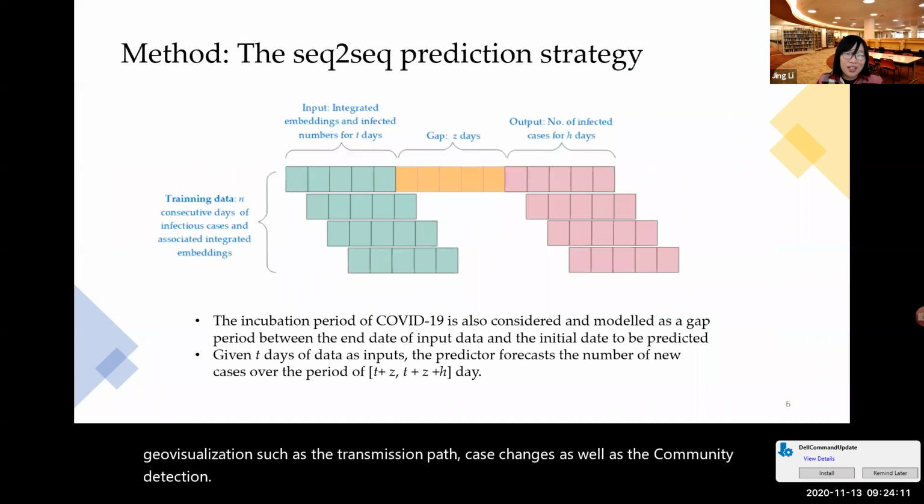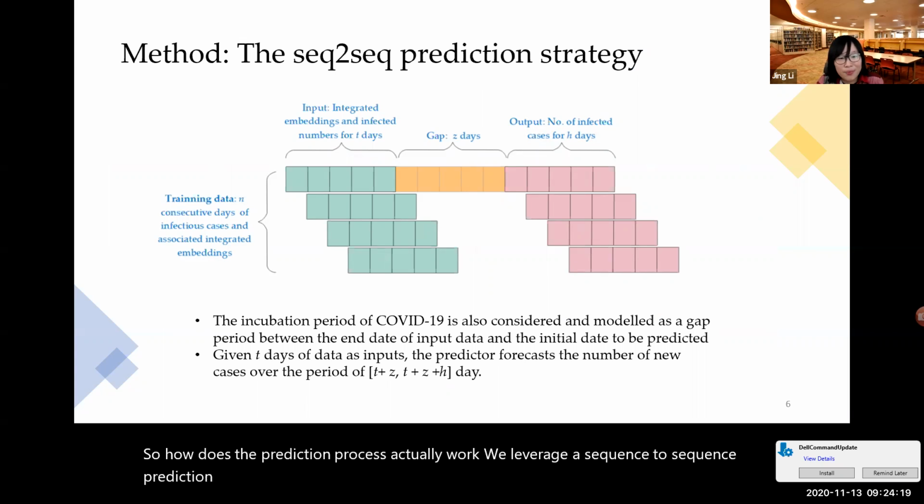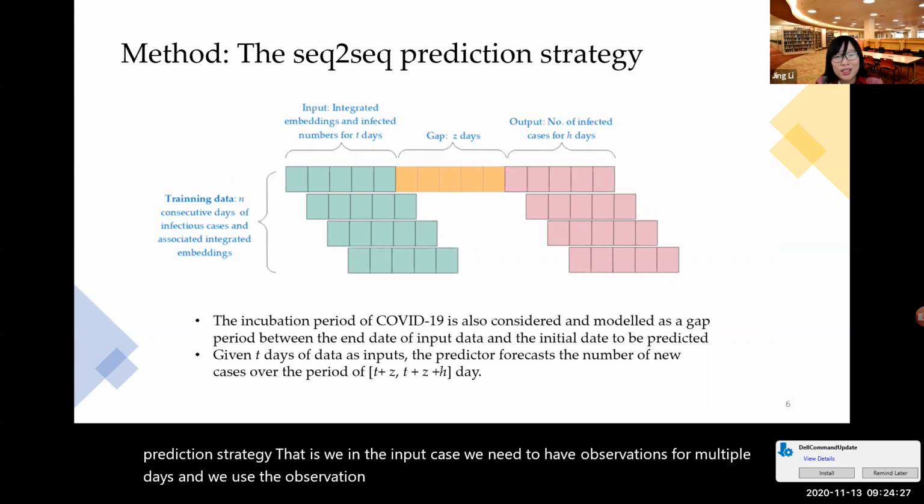So how does the prediction process actually work? We leverage a sequence-to-sequence prediction strategy. That is, in the input case, we need to have observations for multiple days, and we use the observations for multiple days to predict the output for multiple days as well.